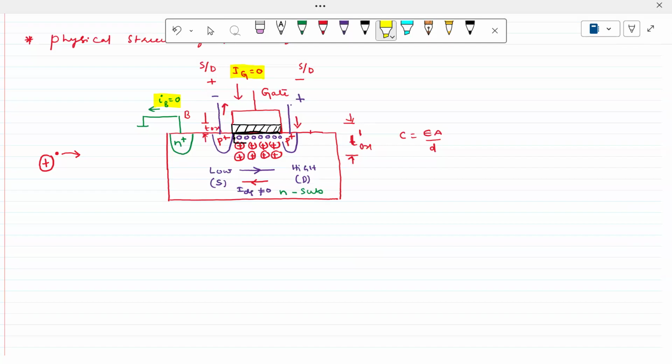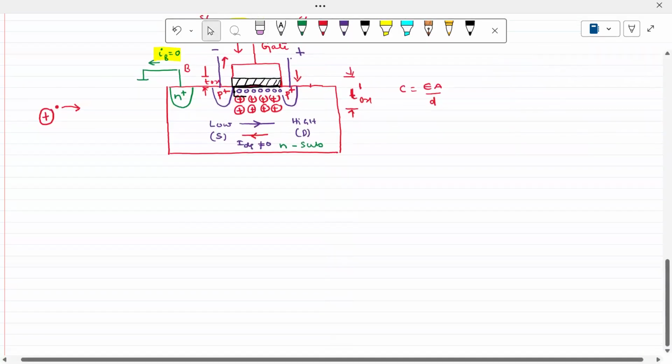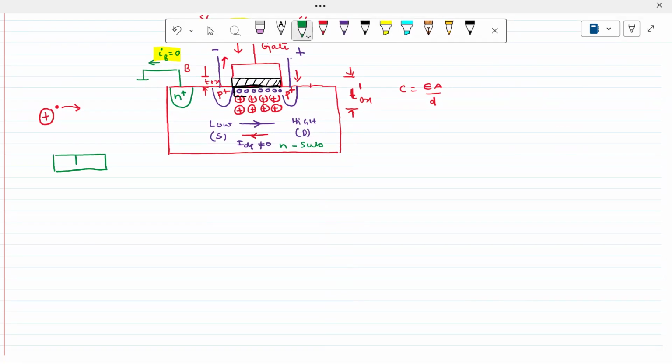What is the PN junction diode that is formed here? It is something like this, right? This is N plus and P is the body. So what is the potential I should apply here, so that this particular junction is always in reverse bias, irrespective of whatever you apply here?